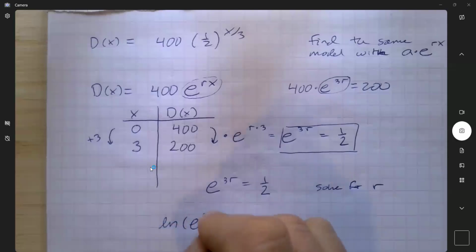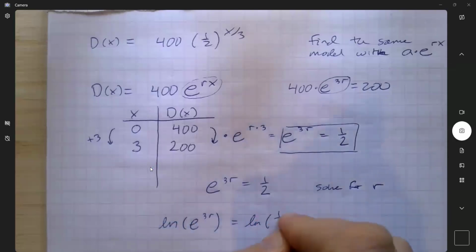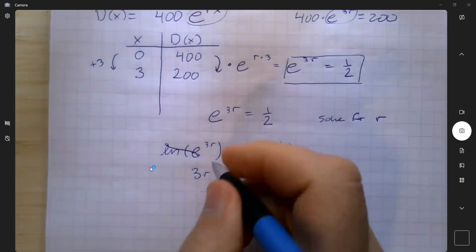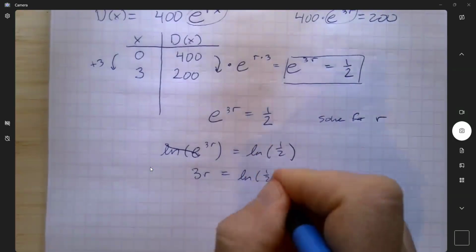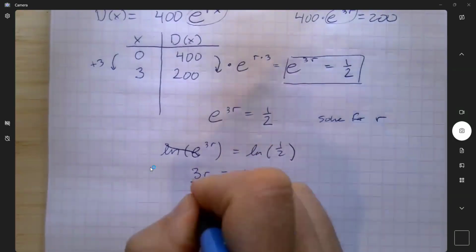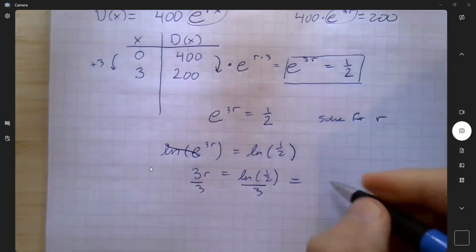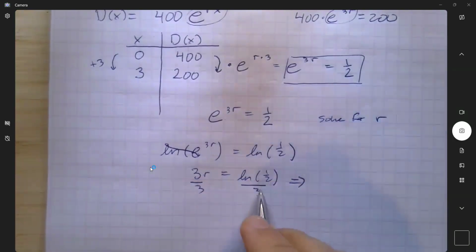Take the natural log of both sides, cancels over here, and I have 3r equals natural log of 1/2. Divide both sides by 3. And let me get a decimal approximation for natural log of 1/2 over 3.